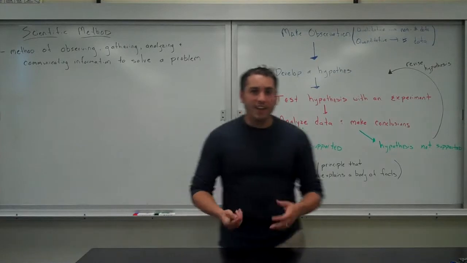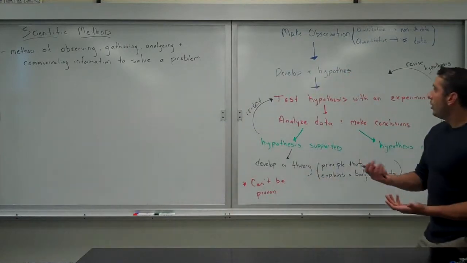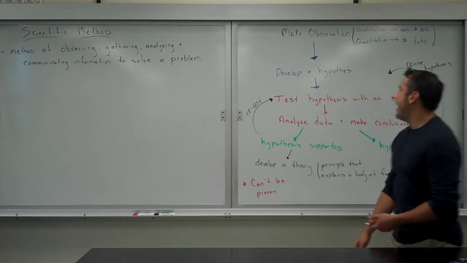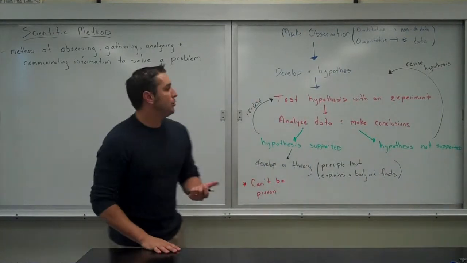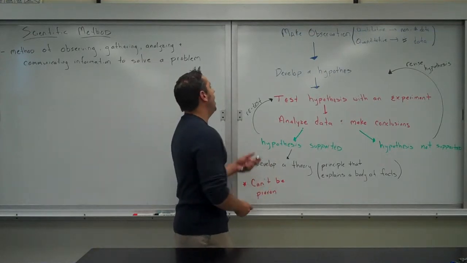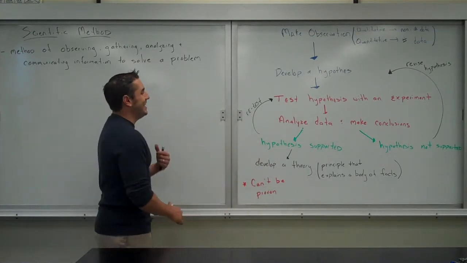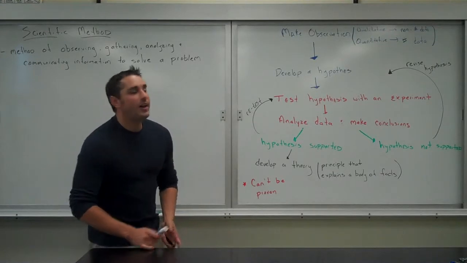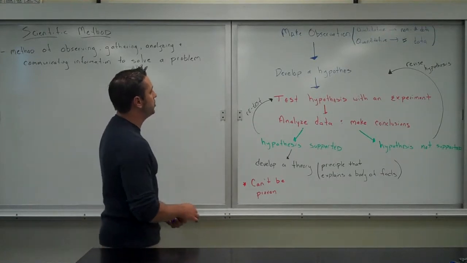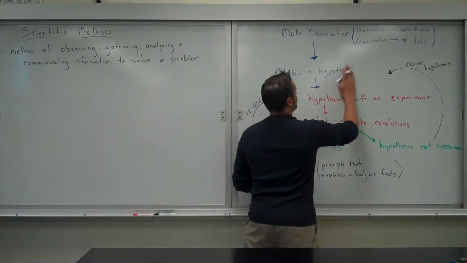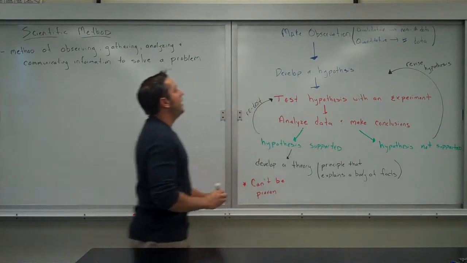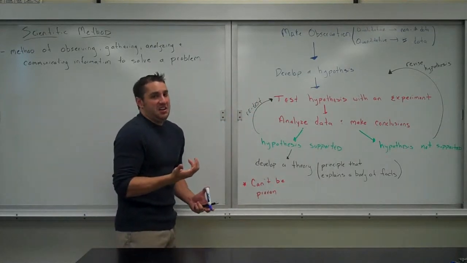Once we make our observation and we want to come up with a solution for something, we come up with a hypothesis. Now, when you learn about a hypothesis forever, they always say a hypothesis is an educated guess. We have learned to get away from that definition because what you're going to see about a hypothesis is that a lot of times it's very uneducated.